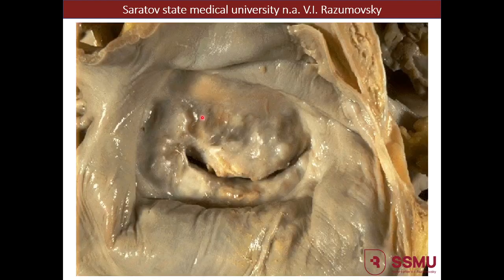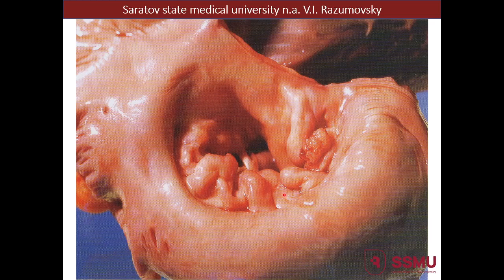On this slide, we may see manifestation of stenosis of the mitral valve. Here we may see decrease of the lumen between the valves and overgrowing of connective tissue. So it will be stenosis, a decrease of the lumen of the valve. On this slide, we may see problems with the tricuspid valve, and we may see overgrowing here.